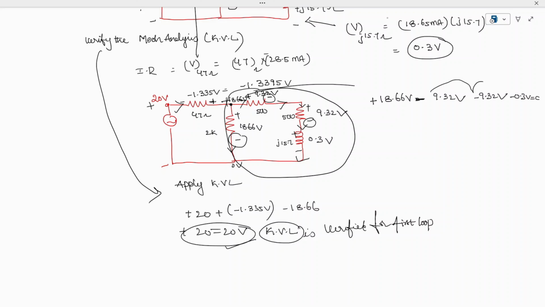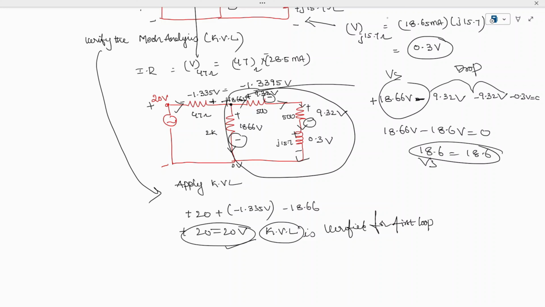This minus indicates these are voltage drops, and this is nothing but the total voltage or the source voltage. So when you add 9.3 plus 9.3 plus 0.3, which is approximately equal to 18.66 volts minus 18.6 volts, that equals 0. So 18.66 is equal to 18.6.